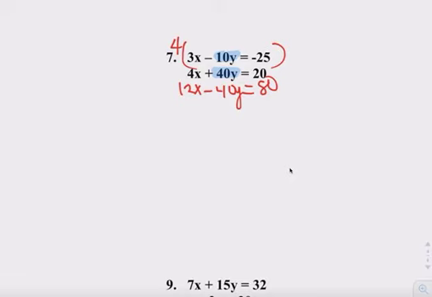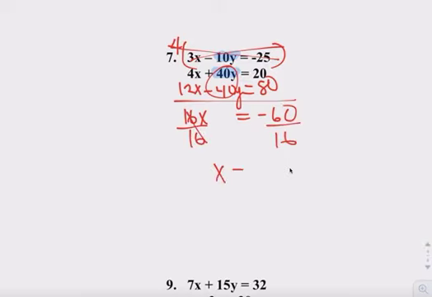This now becomes that. So you get 16x equals negative 60. Divide by 16, x equals 2.